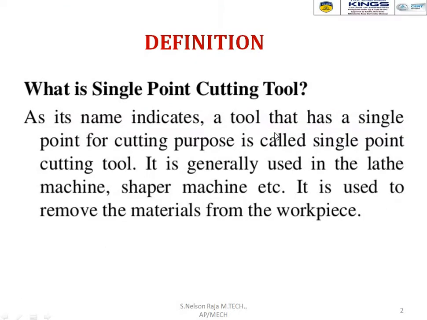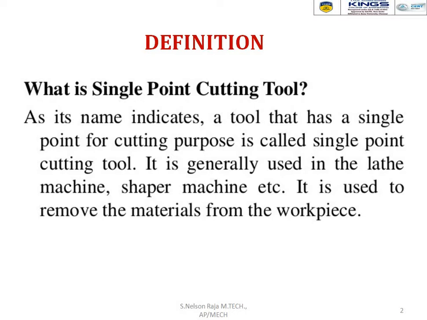Next, what is a single point cutting tool? As the name itself clearly defines the answer, if a cutting tool has only one cutting edge, it is called a single point cutting tool.